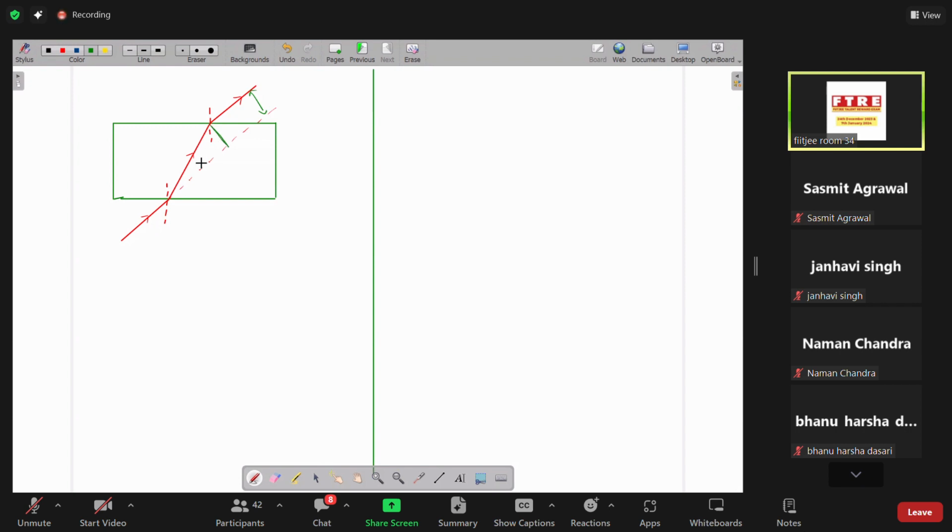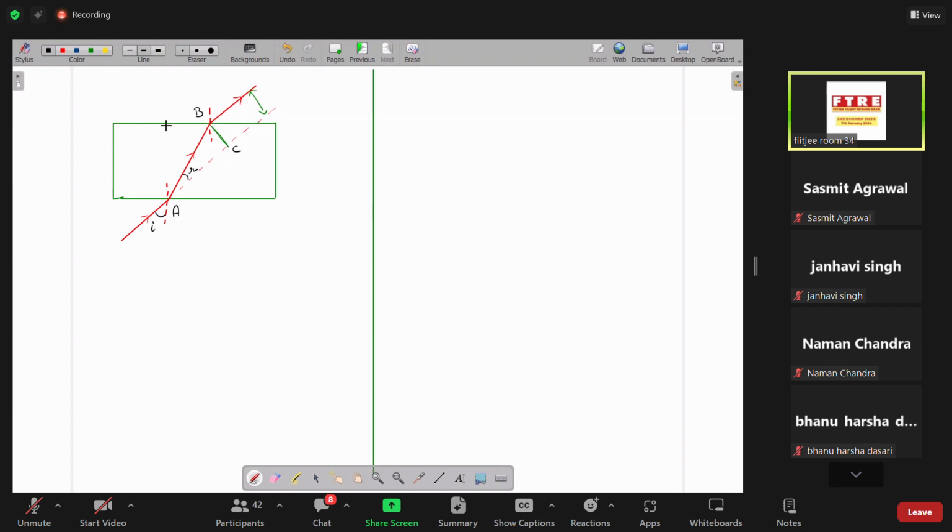Now I name these points: this is A, this point is B, and say this point is C. Angle of incidence I, angle of refraction R. You have to find out this. और हमें क्या क्या given है?